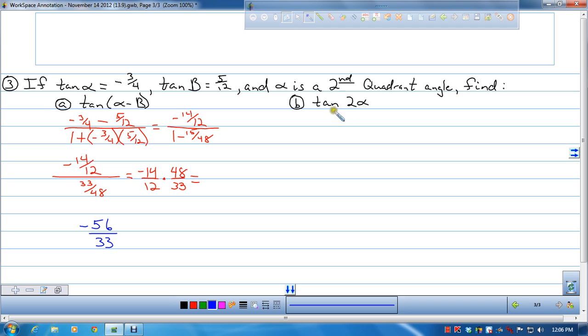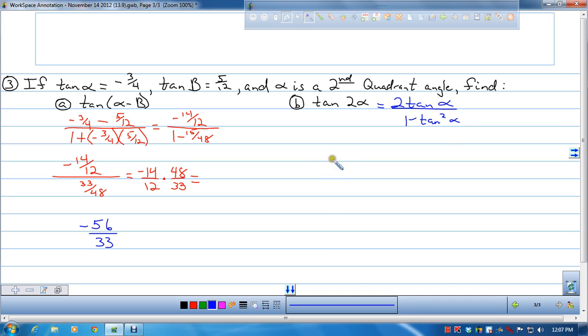Let's go over here and look at the double angle formula. If I know the tangent of alpha, I may as well go right here with the double angle formula, which is 2 tangent of alpha over 1 minus tangent squared of alpha.